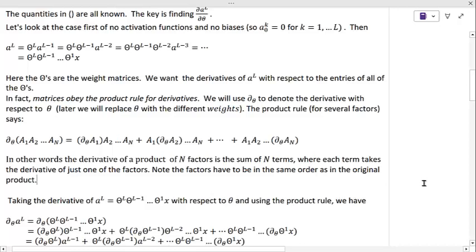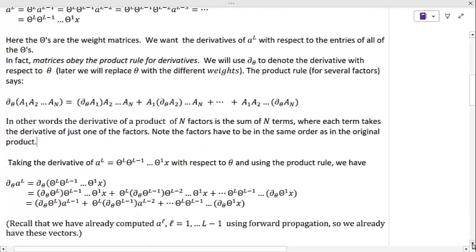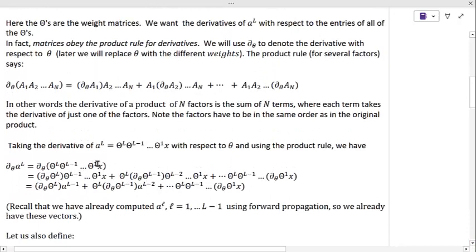I have L factors, so I'm going to get L terms. The first term takes the derivative of the first matrix, the second takes the derivative of the second matrix, and so on all the way down the line to the derivative of the last matrix. In fact, since x is a constant, I could put the parenthesis here.